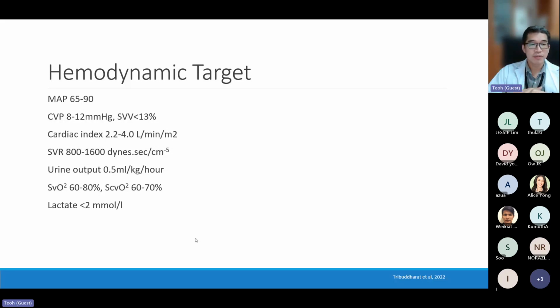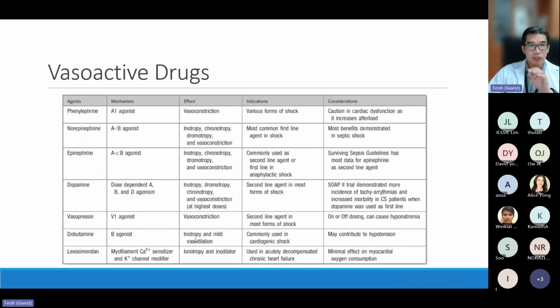And since you have the CVP there, you might as well double check all these hemodynamic parameters with the mixed venous oxygen saturation. Aim for 60 to 80. And central venous oxygen saturation about 60 to 70. And lactate has to be less than 2. So these are the hemodynamic targets I always aim for when the patient has cardiogenic shock.